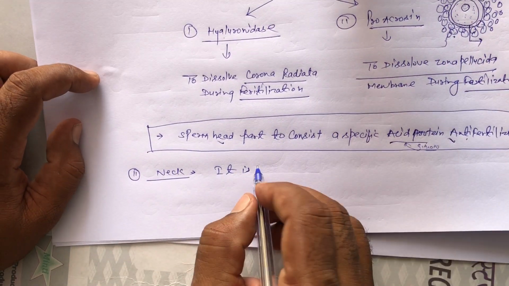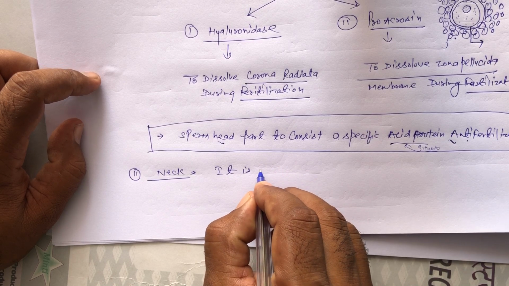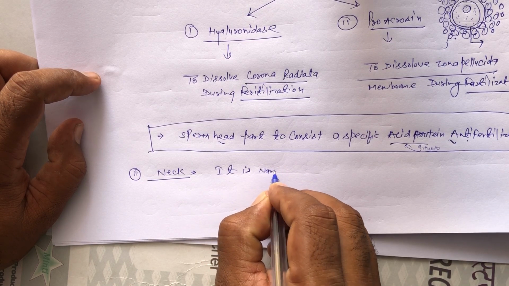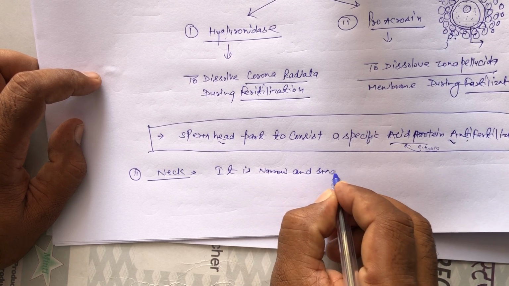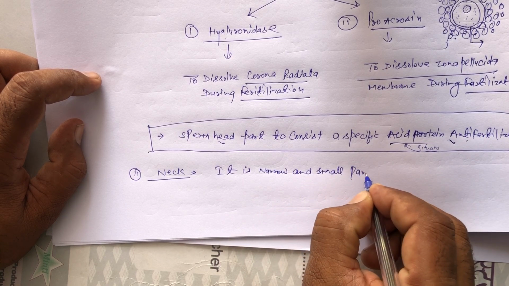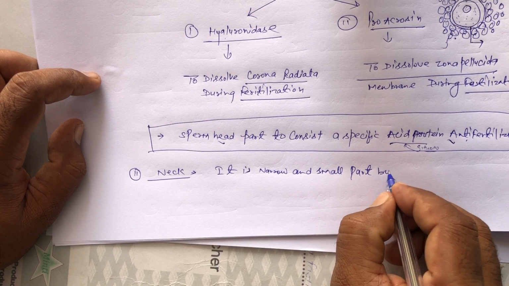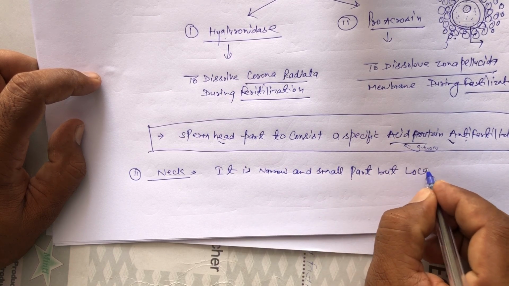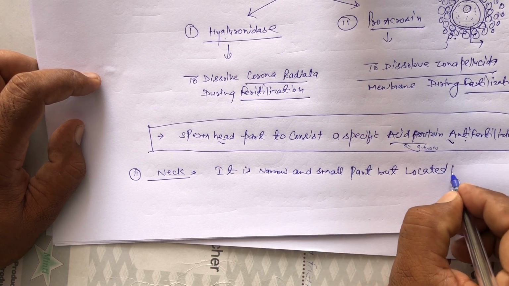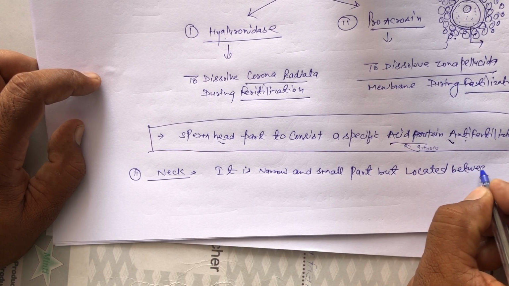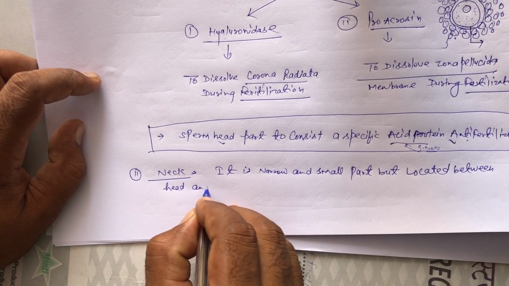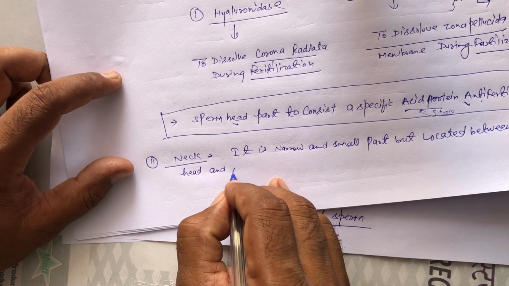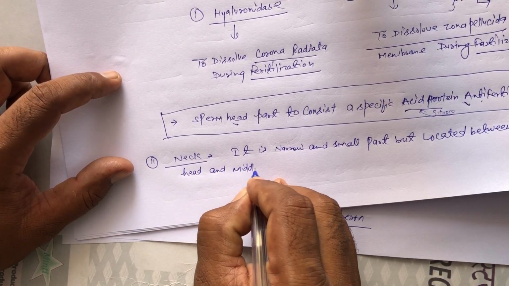So the neck is a narrow and small part, located between the head and the middle piece.